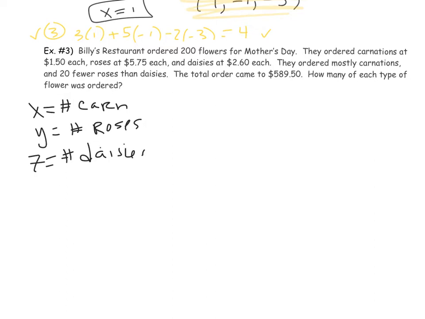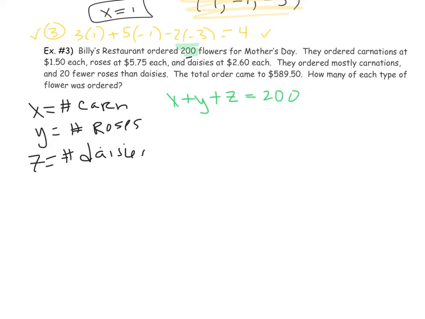The first thing we know is that we have 200 flowers. So we have x plus y plus z equals 200.